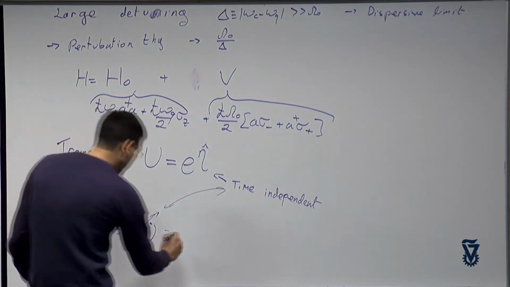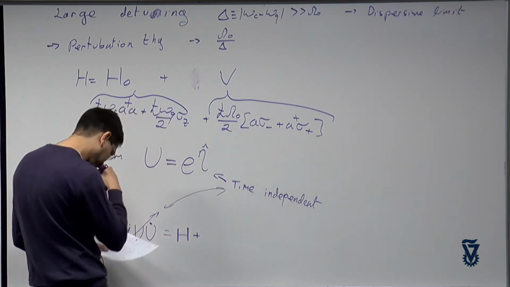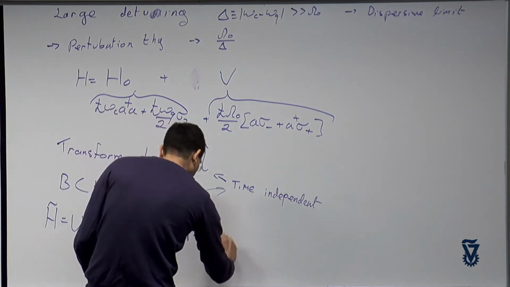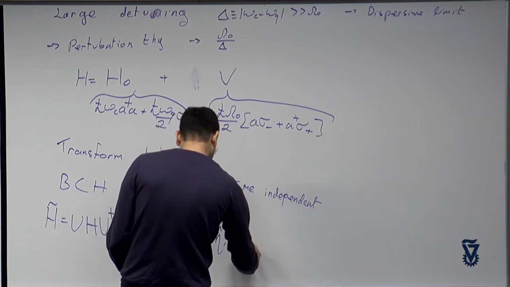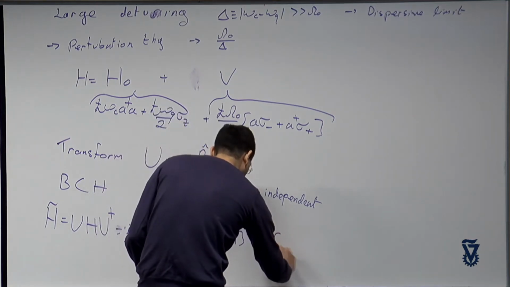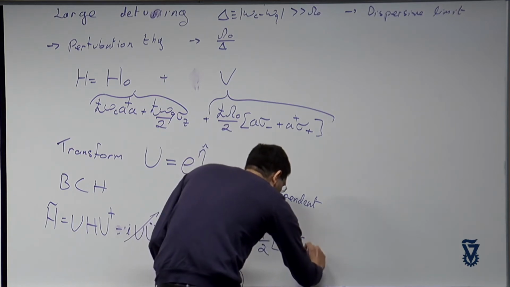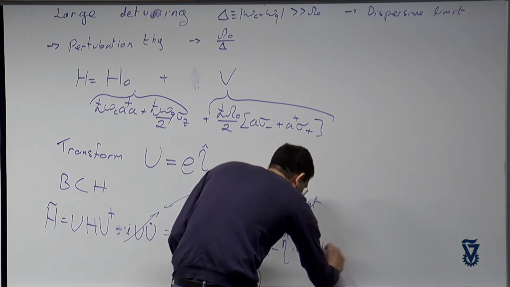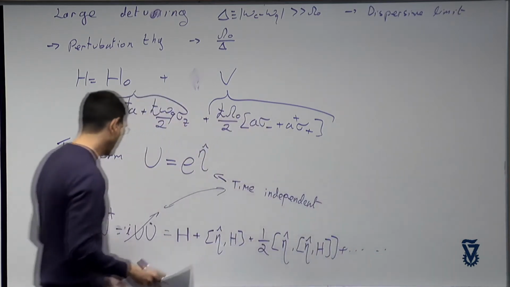Then we're left with H plus i eta H plus one half the commutator of eta and H, plus more and more terms.